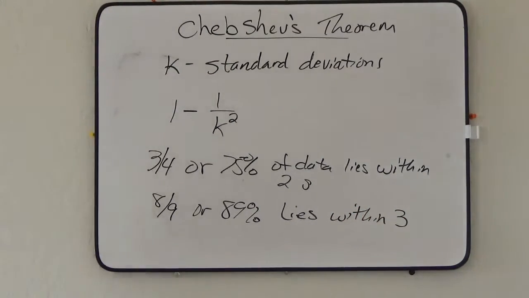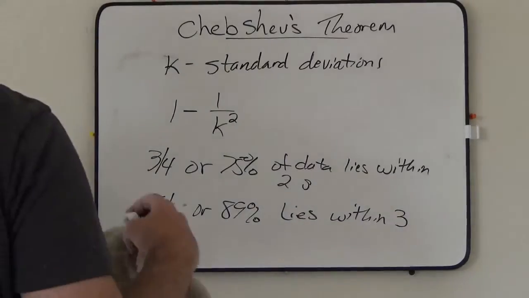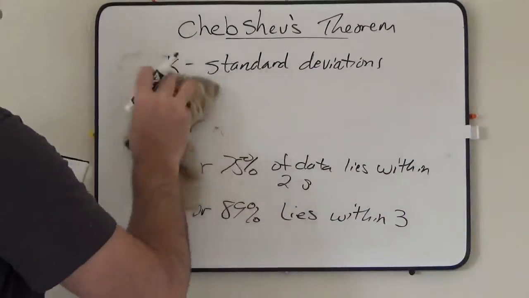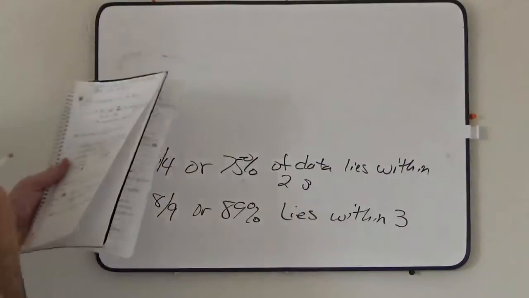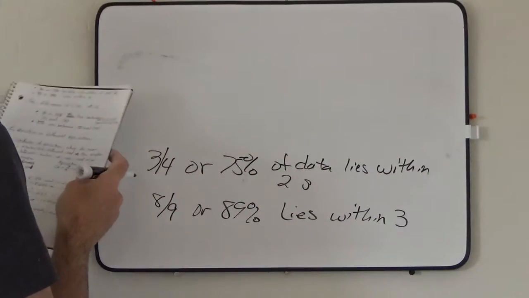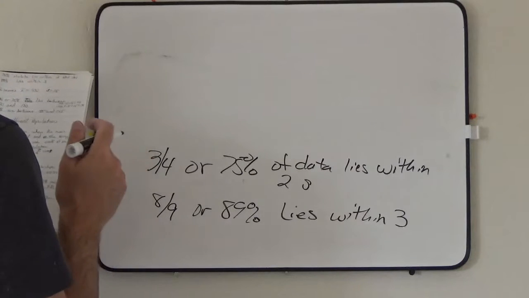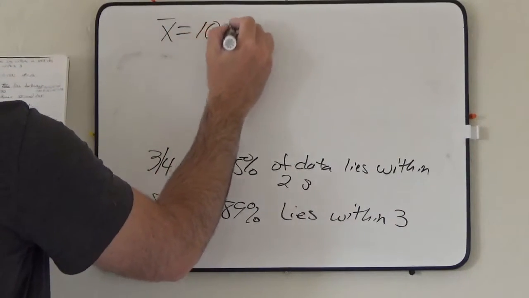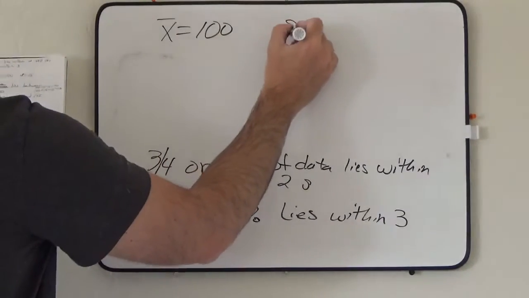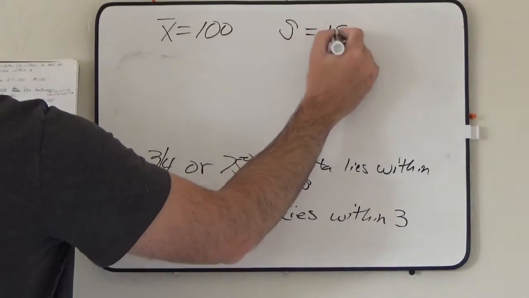So, here's an example that we're going to use. I'm going to keep this standard deviation stuff up here, the percentages. What we have is an IQ score, and the mean IQ score is 100, and the standard deviation is 15.